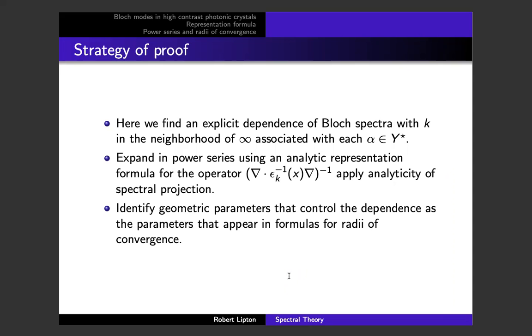To do this, we use power series. We expand the operator in a power series, and the way we define all these geometric parameters is just explicit formulas for the radii of convergence of that power series.